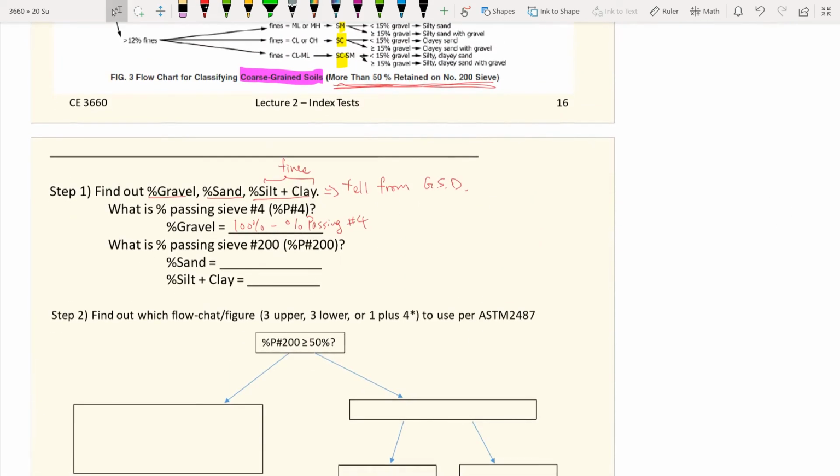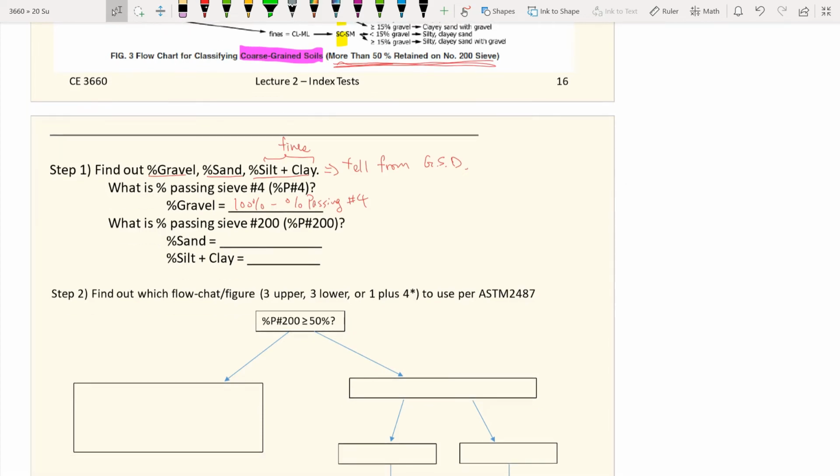That's why percent gravel is the portion retained on number 4, so 100% minus percent passing number 4 gives you the percent retained on number 4, which is the percent gravel. The other one is very straightforward: the percent fines is exactly equal to the percent passing number 200.